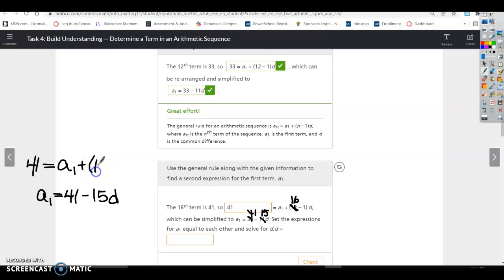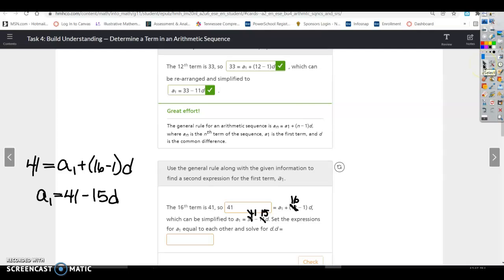So 16 minus 1 times our common difference. All right, so that's where this came from here. 16 minus 1 is 15, so 15d. Subtract that from the other side. 41 minus 15d equals a subscript 1.